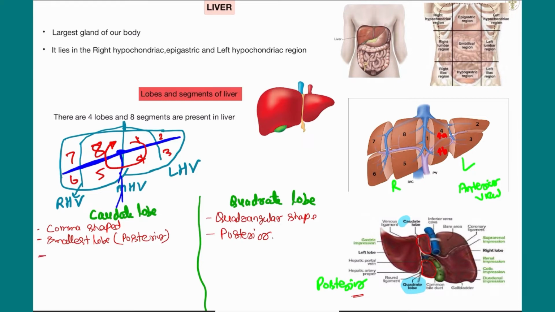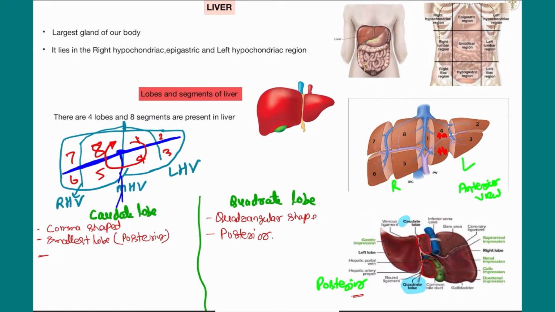Third point: where is the caudate lobe present? You will see this caudate lobe is present between the inferior vena cava, this is the inferior vena cava, and the second is the ligamentum venosum. This is the ligamentum venosum. In the exam, when he asks where the caudate lobe is present: the caudate lobe is present in the posterior-most portion of the liver, and it is like a sandwich between the venous ligament and the inferior vena cava.